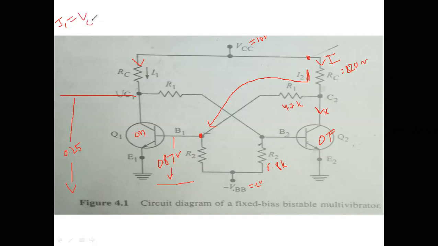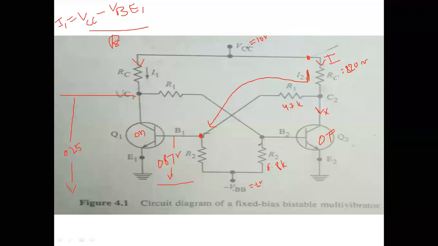So I1 is VCC minus VBE SAT. Otherwise I may take it as VBE1 because this is the first transistor. VBE1 divided by RC, so that you may get this current.